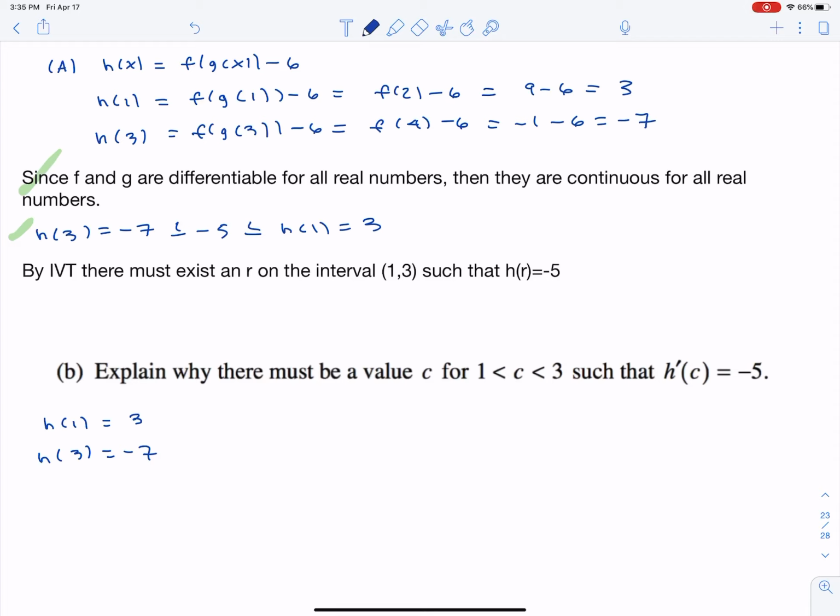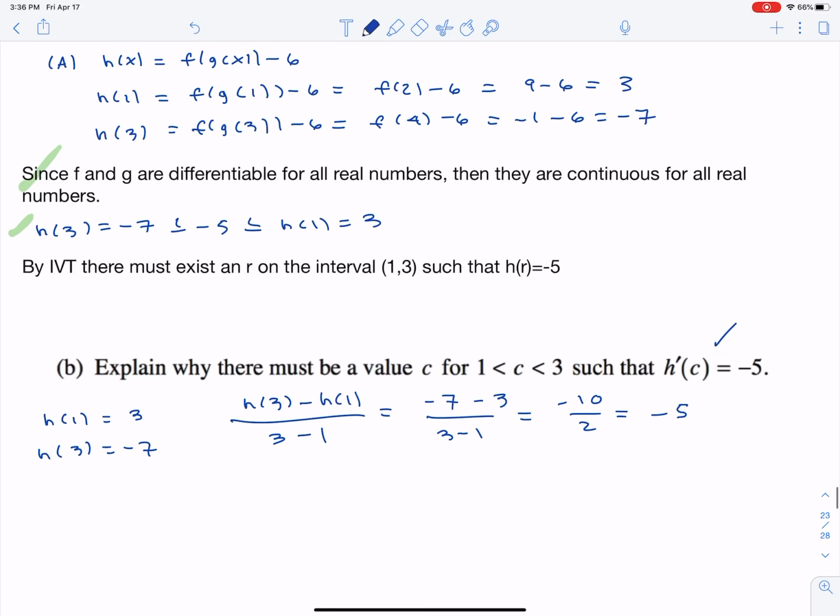So h of 3 minus h of 1 over 3 minus 1 is, h of 3 is -7, h of 1 is 3, over 3 minus 1. So that's -10 over 2, which is, oh, look at that, perfect, -5. So the slope of the tangent line between 1 and 3 equals that number that I'm looking for.